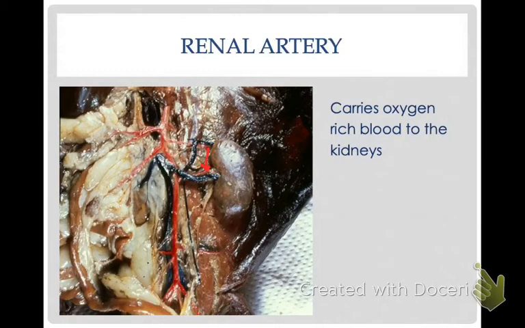And the renal vein is going to take the deoxygenated blood, or blood that is filled with CO2, back to the lungs so we can get rid of the CO2 in our bodies. So that's the renal artery carrying that oxygen-rich blood into the kidneys, shown in red there.